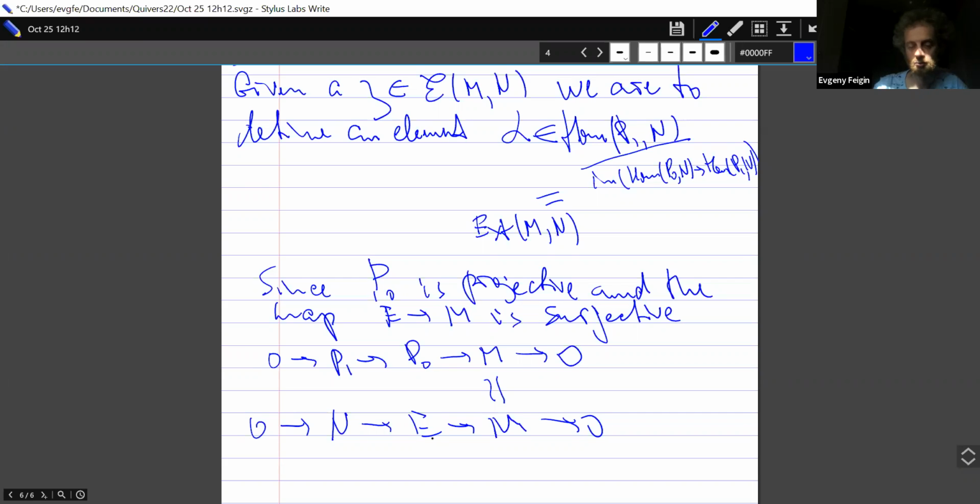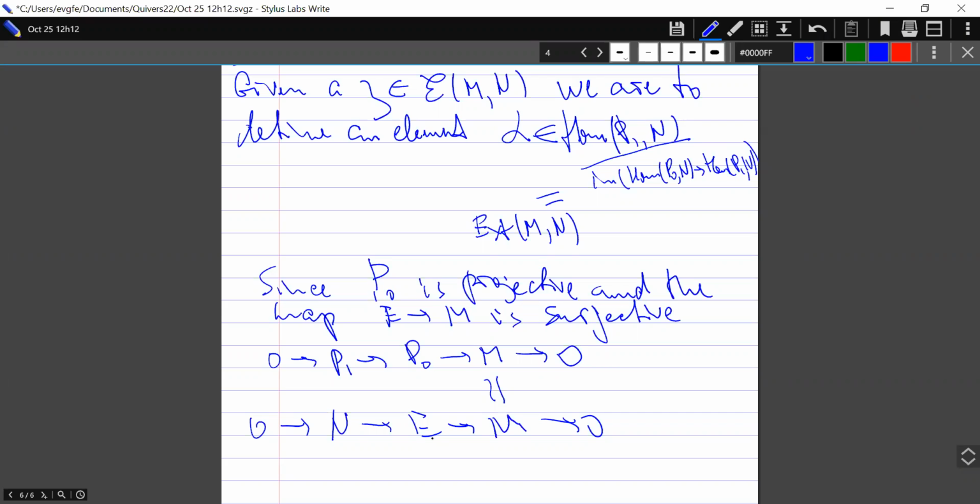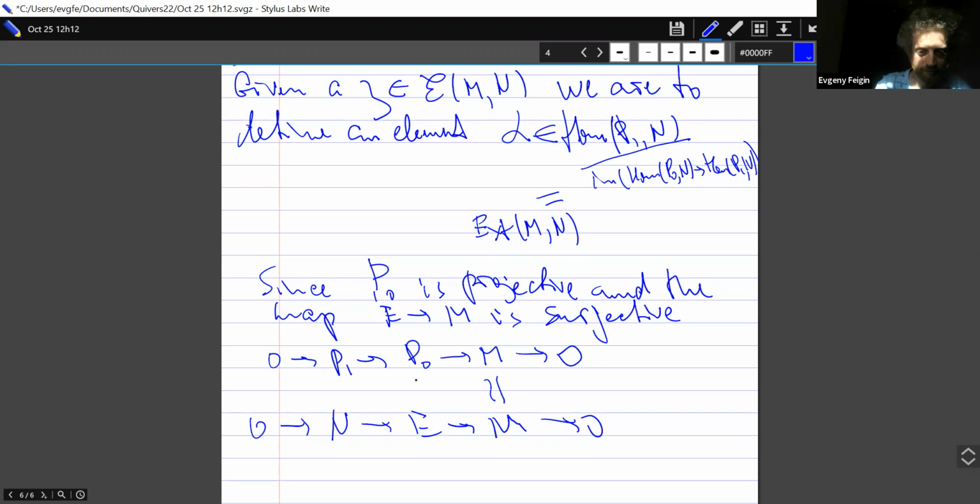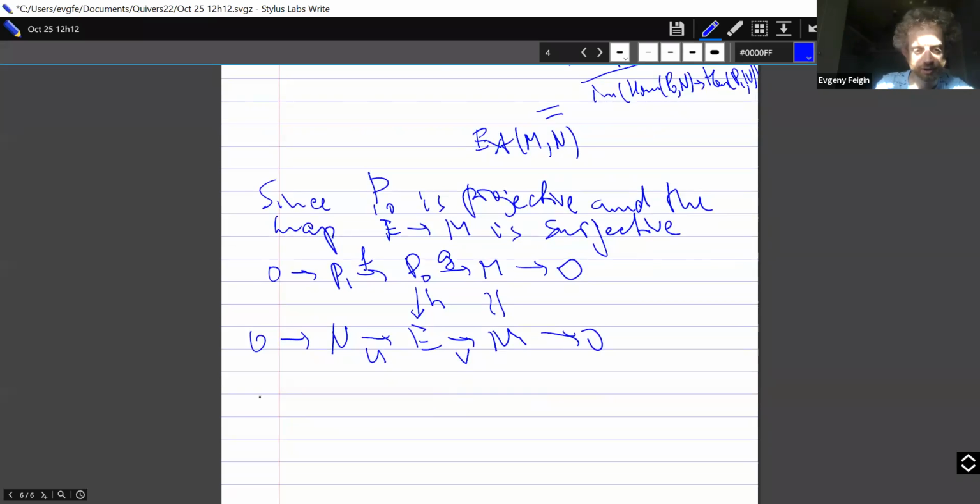So we have a map from P0 to E. Let me denote this map: this is our U, this is our V. Let this be F, and this be G. And then we have the map H, a map from P0 to E with the property that G is the composition of V and H, right?